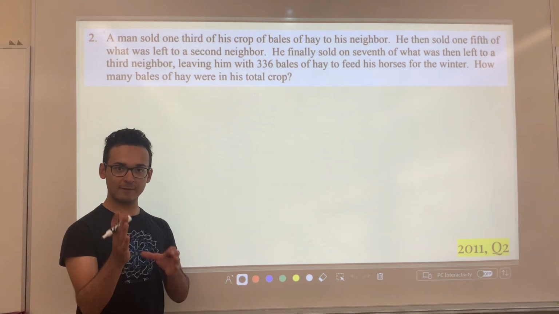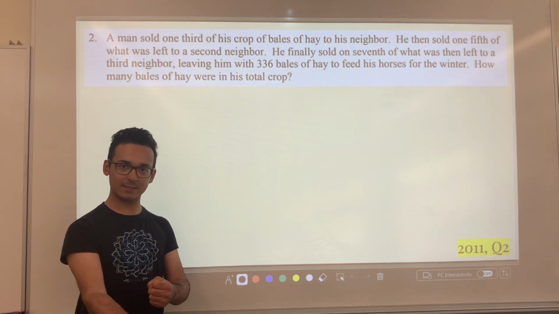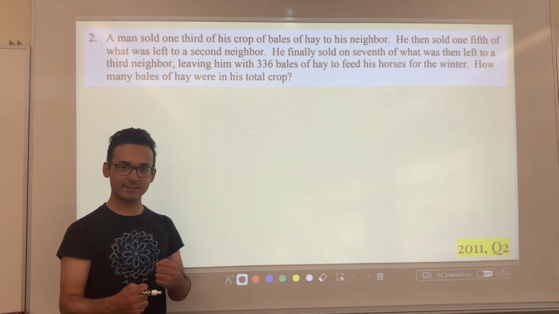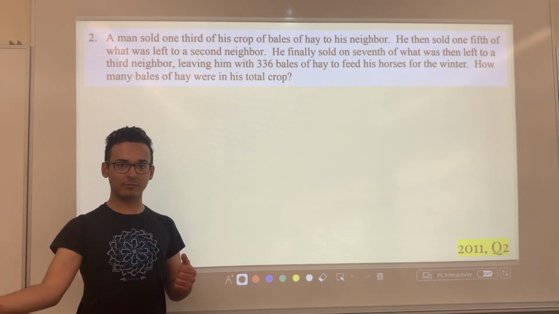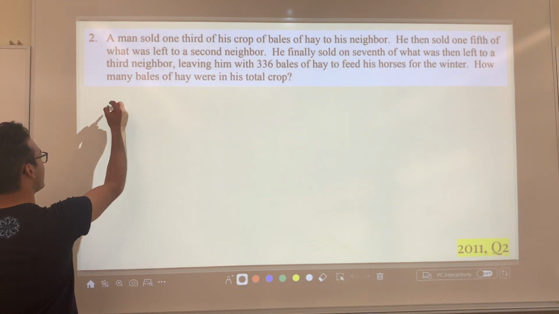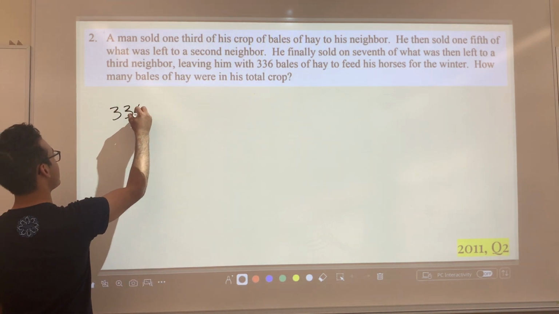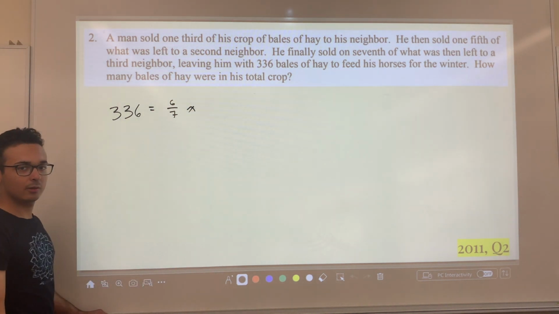This is important. If he sold 1/7 and is left with 336, that means 336 must be 6/7 of whatever he had before. So we can write that as an equation. 336 is equal to 6/7 of whatever he had before.